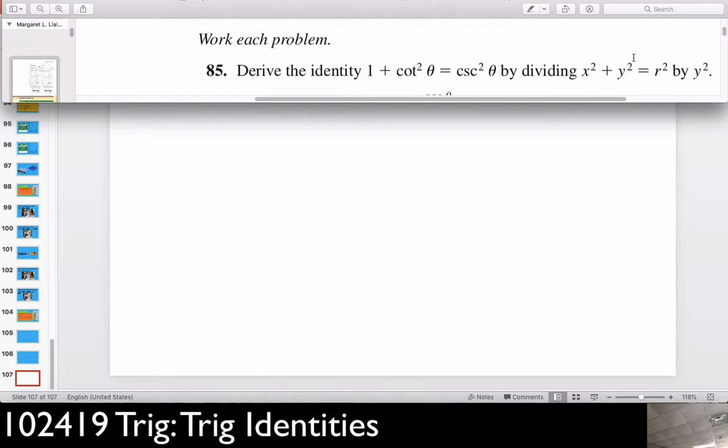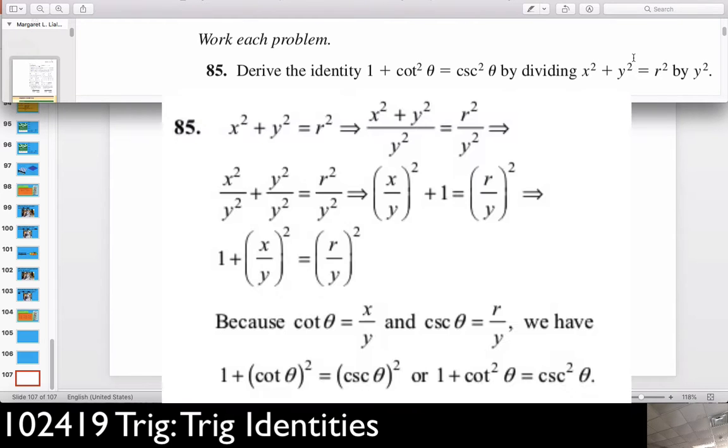They want us to divide x squared plus y squared equals r squared, divide it all by y squared.